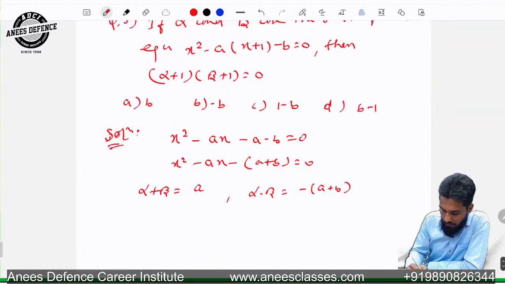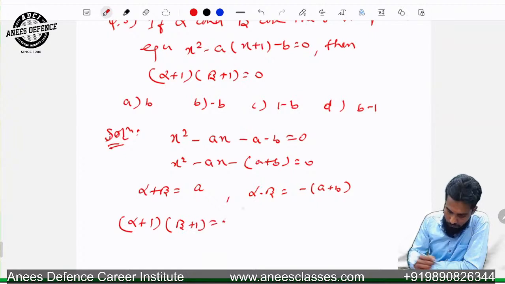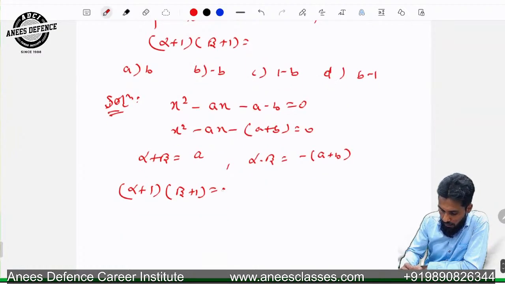Now what they are asking us to find is alpha plus 1 multiplied with beta plus 1. We have to find the value actually, not show. So multiplying both the factors, we get alpha beta plus alpha plus beta plus 1.